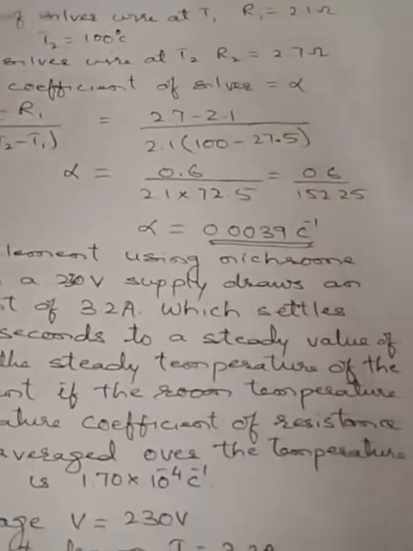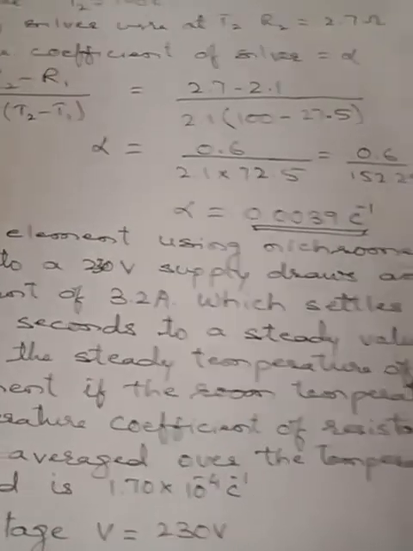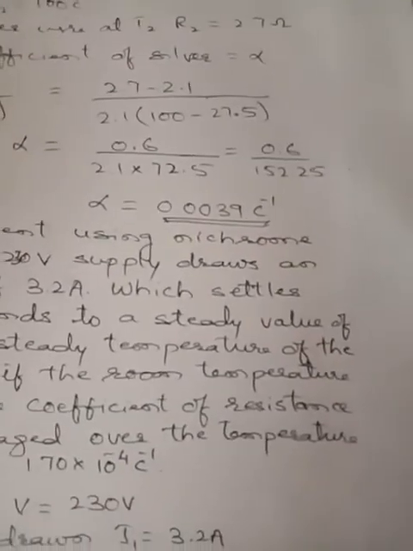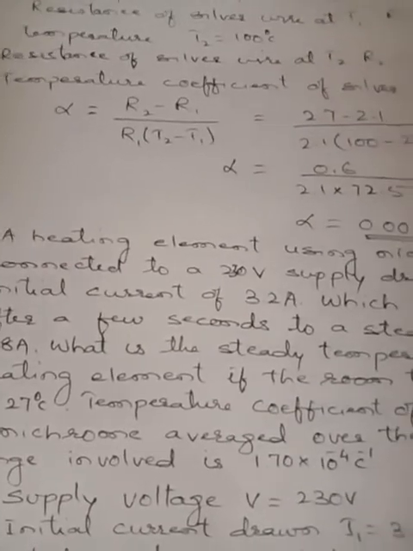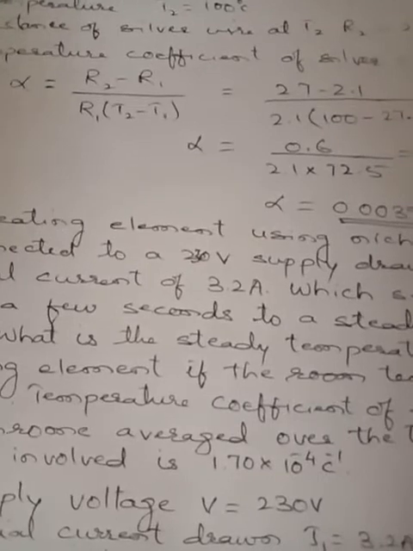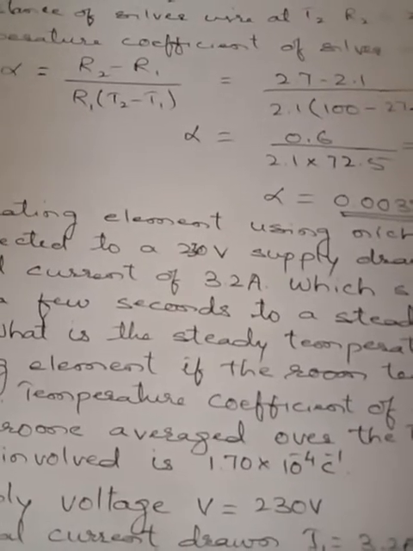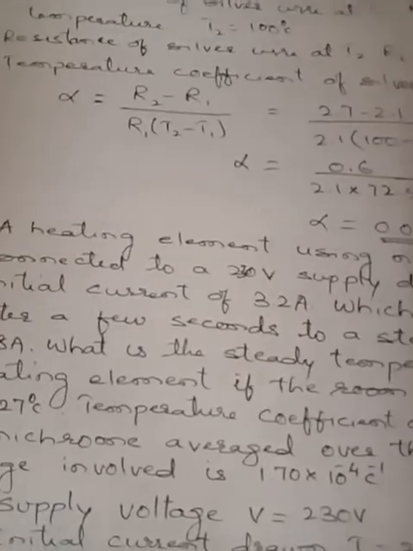Temperature coefficient of resistance of the nichrome wire averaged over the temperature range involved is 1.70 into 10 to the power of minus 4 per Celsius. Okay, so this is the question.